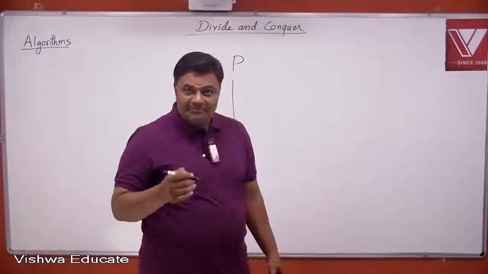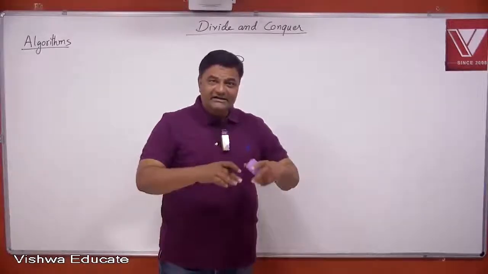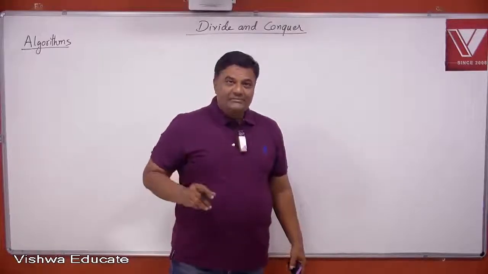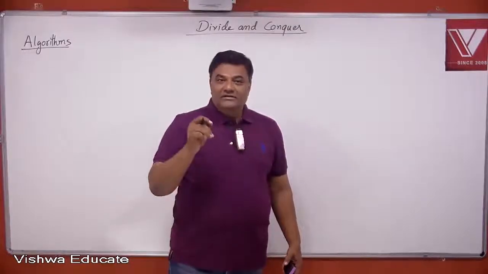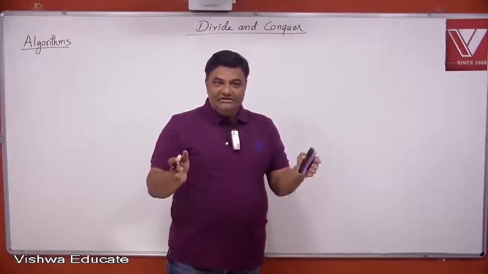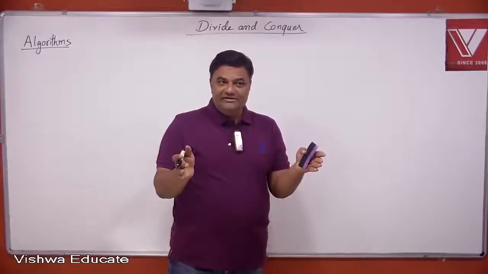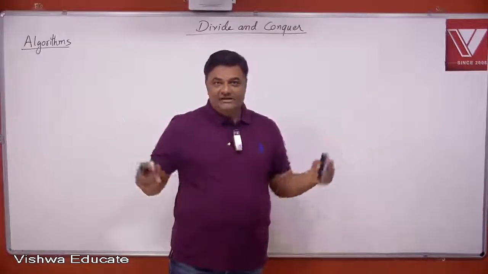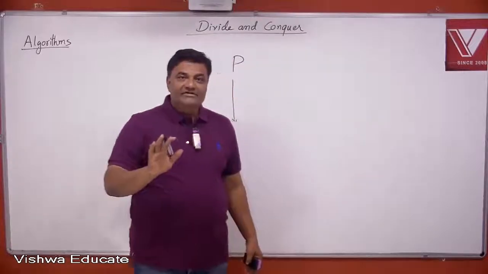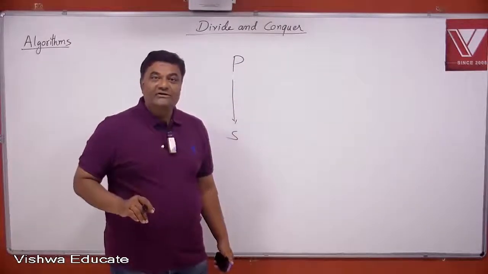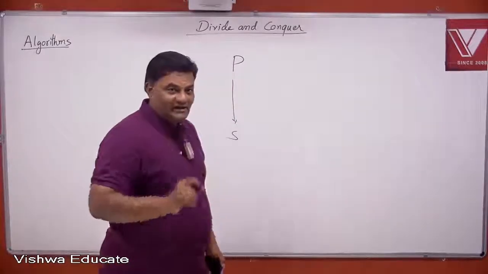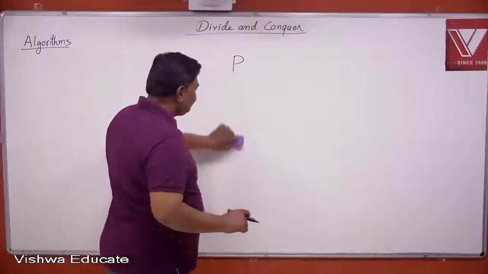Large in the sense of what? Not the complexity of a problem, but the size of a problem, the number of inputs. If 10 numbers are given to you, or 10,000 numbers, or 10 million numbers. So it is based on the size of input. A problem is large if the size of the input is large. Then what to do? Let us see.